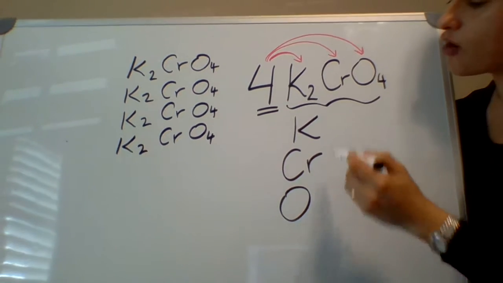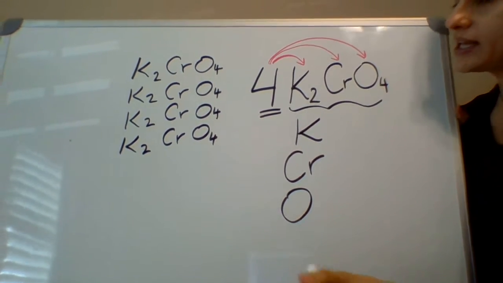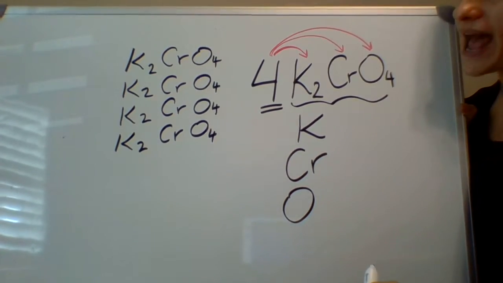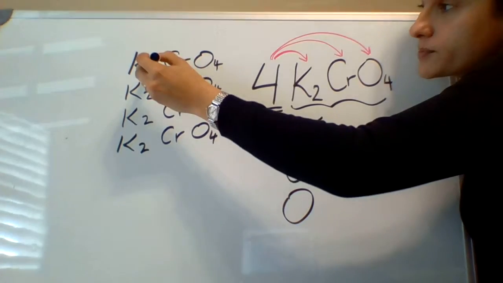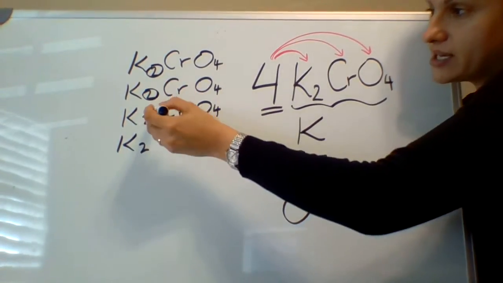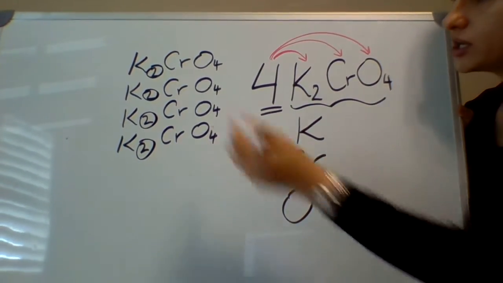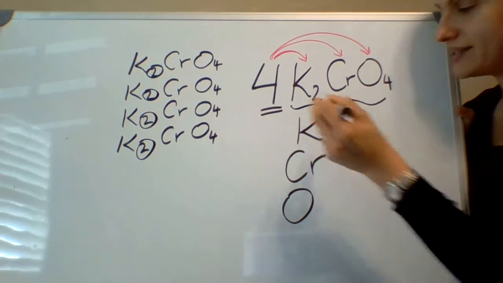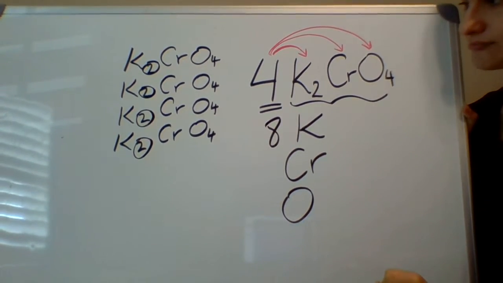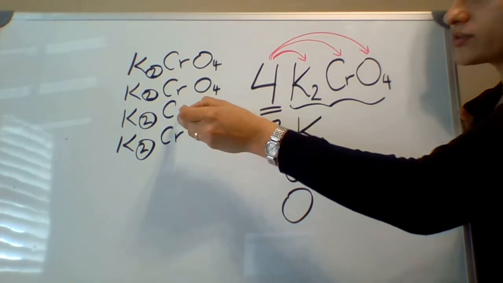Now, how many potassium atoms do we have? In this one compound, we have 2 potassium. We have 2 potassium here, 2 potassium here, and 2 potassium here. 2, 4, 6, 8. We have 8 potassium atoms. How about chromium? 1, 2, 3, 4.